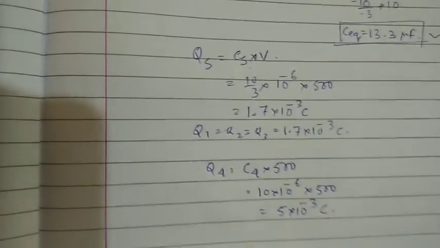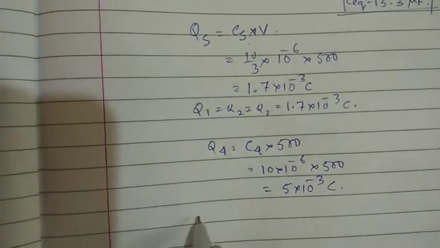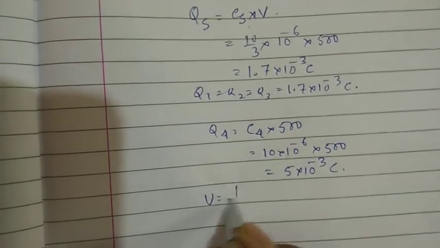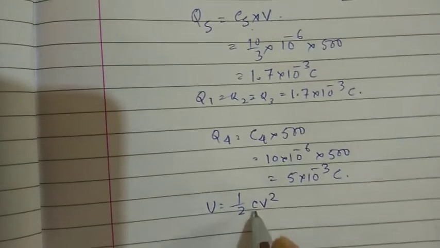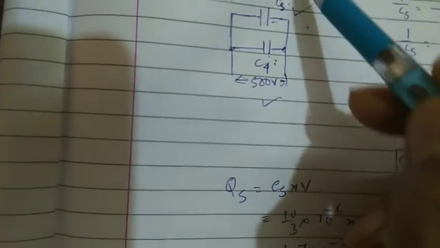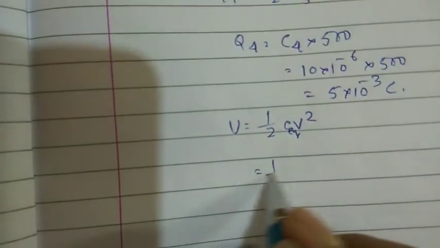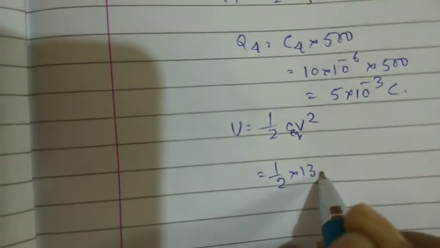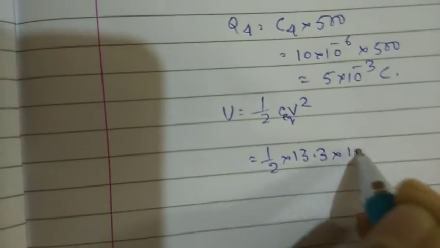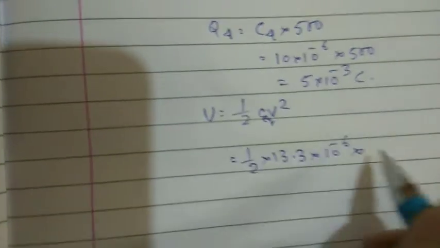Now you have to find the total energy stored in the system. Total energy stored is half CV square, where C is the equivalent capacitance and V is the battery, 500 volt. So C equivalent is 13.3. Just put the value 13.3 into 10 to the power minus 6, and V square is 500 into 500.